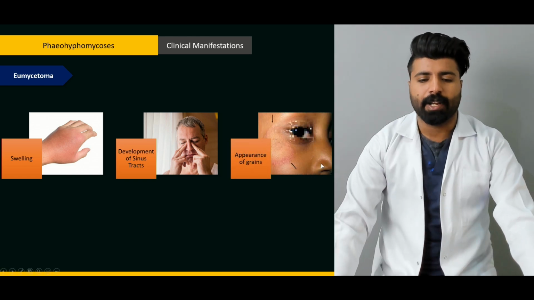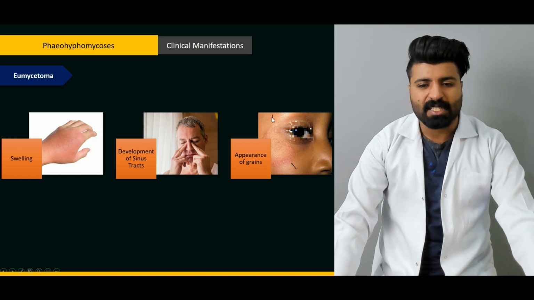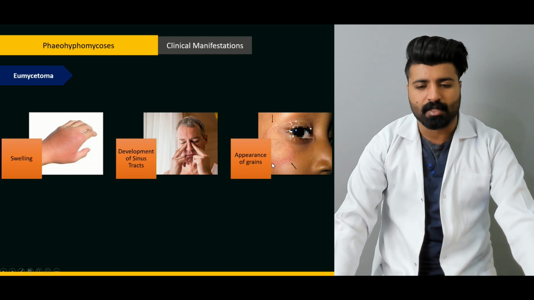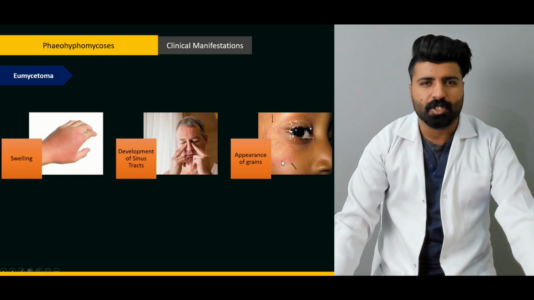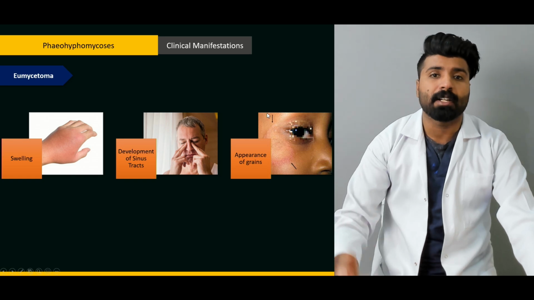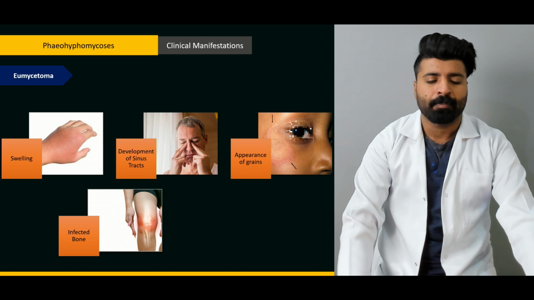Then appearance of grains. What is appearance of grains? It's actually a demarcated surface on the skin, demarcation caused by redness. You can see redness, or there will be some kind of small structures, raised lesions which will demarcate the surface. It will be called appearance of these grains. This will be one of the clinical manifestations.